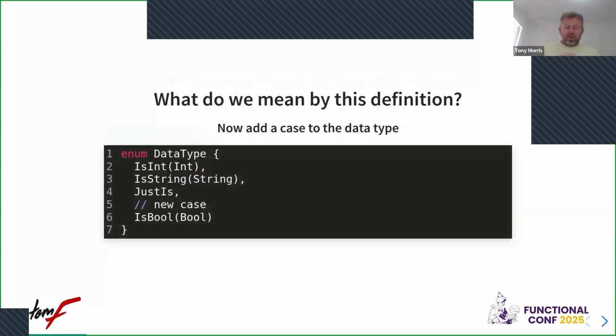And if you've ever worked on any code base, someone comes along and says, hey, we don't just sell integers and strings anymore, we also sell booleans, or something like that. Or to be more succinct, we need to add a new case to our data type, and in this case, it's a bool. So we modify our data type code with an isBool case.